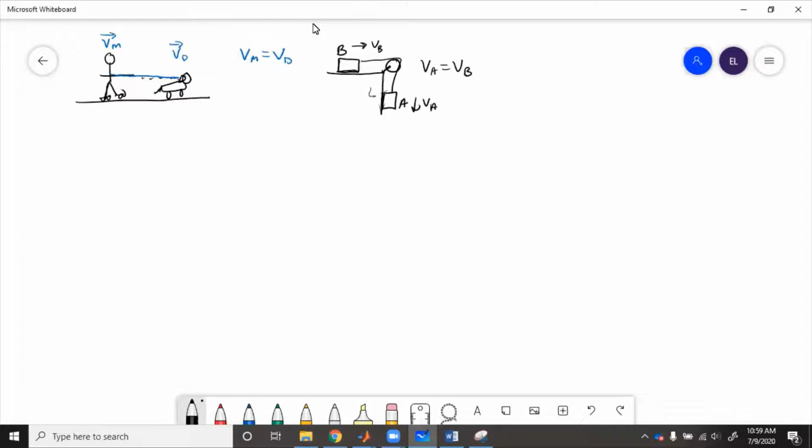But it can get a little trickier. Sometimes things can be connected by the same rope, but not moving at the same speed. So an example of that is there's a person, this is a bird's eye view, and let's say they're doing the discus throw. So they're holding their discus ball and it's connected by this little chain here. Person is swinging in a circle.